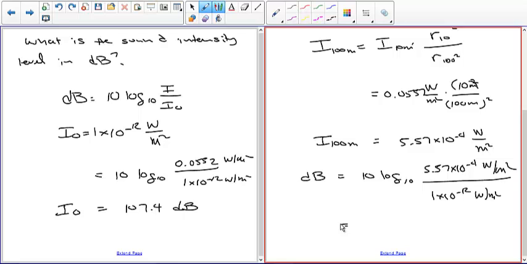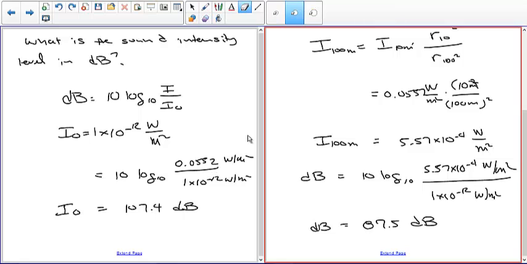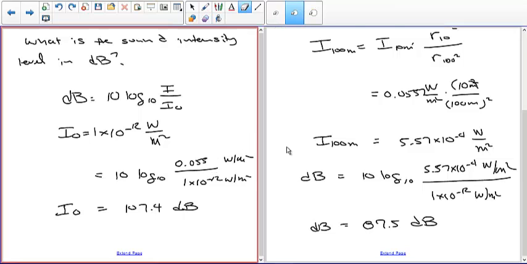So we take that, divide by 1 times 10 to the minus 12, take the log of that, times 10, and now the sound level is 87.5 decibels. Actually, I probably used the wrong number here. I think I used 2 there instead of 7, because they should be 20 decibels apart. This should be 5.